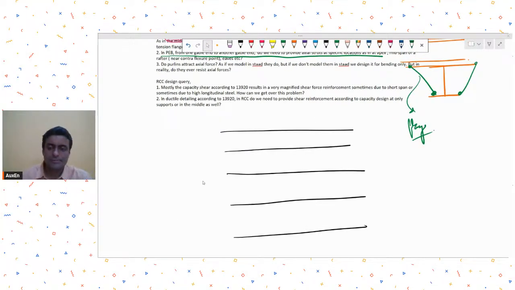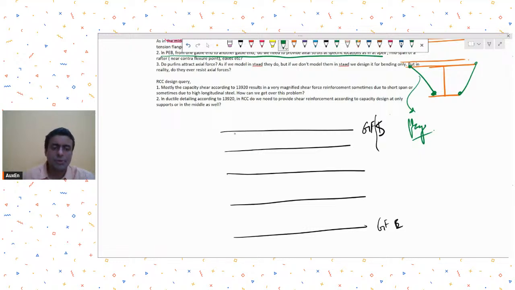Let's say this is my gable frame, and this was my starting gable frame and this is my ending gable frame end. So his question is, do we provide some axial struts?